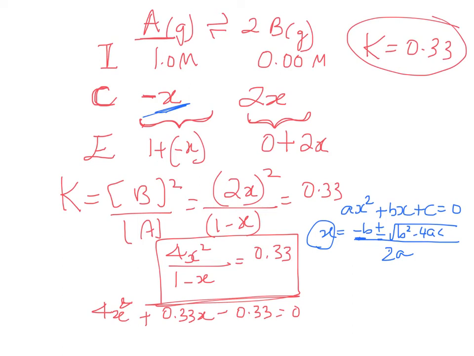So in this case, x will look like minus 0.33 plus the square root of 0.33 squared minus 4 times 4 times 0.33, divided by 2 times 4, that's 8.